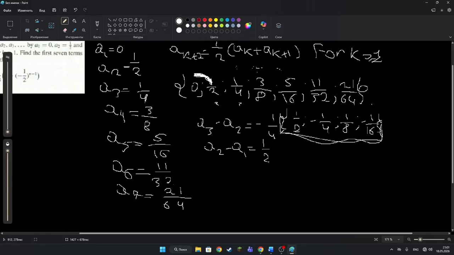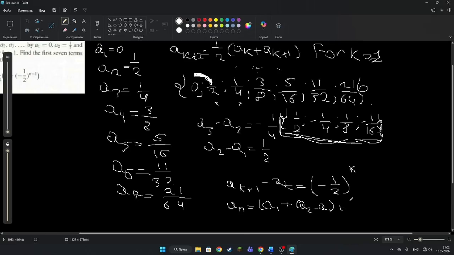This is a basic geometric progression. So then we can say that a(k+1) minus a(k) is minus 1 divided by 2 to the power of k, and say that an is a1 plus (a2 minus a1) plus (a3 minus a2), and just replace.